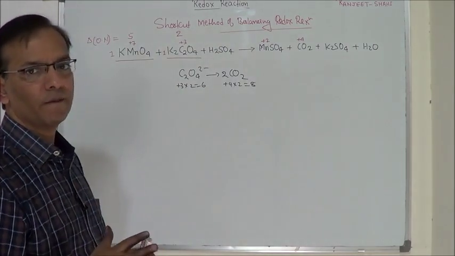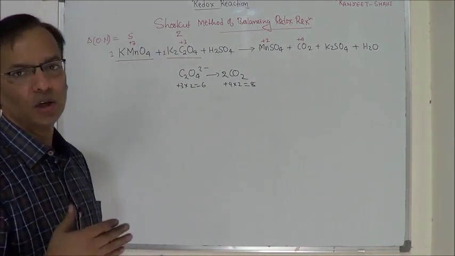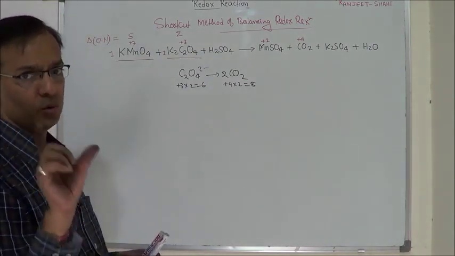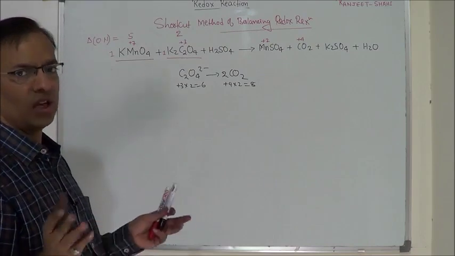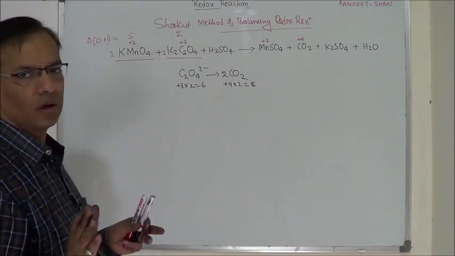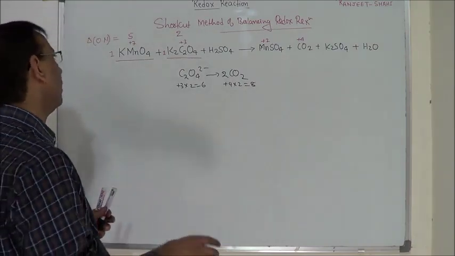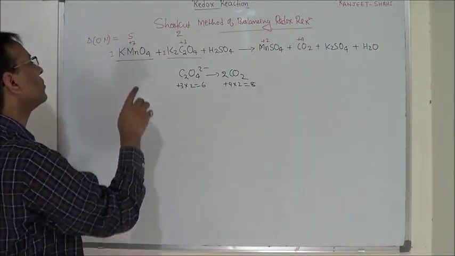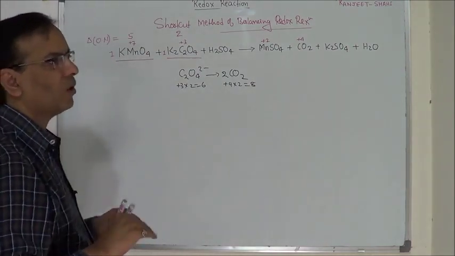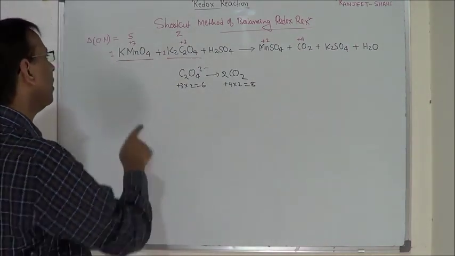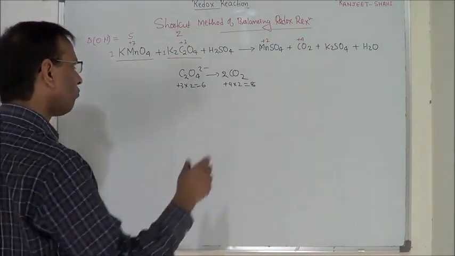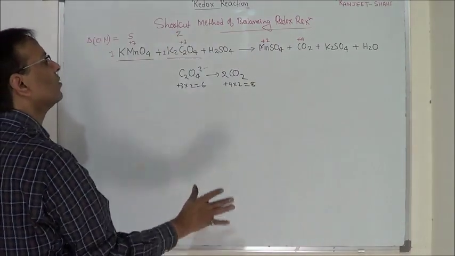What you have to do is find the change in oxidation number for one molecule of oxidizing agent and one molecule of reducing agent. But saying one molecule is technically wrong. We use one formula unit because molecule is used only for covalent compounds, and this is an ionic compound, but the sense is the same: one formula unit of KMnO4, one formula unit of potassium oxalate.